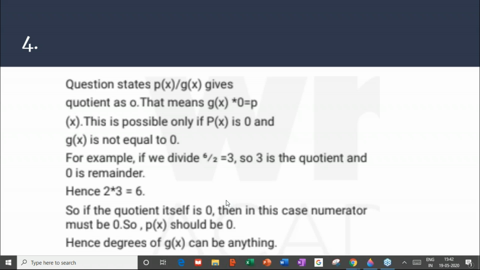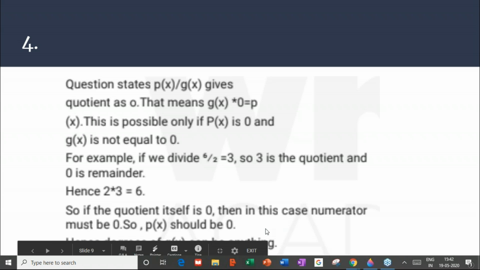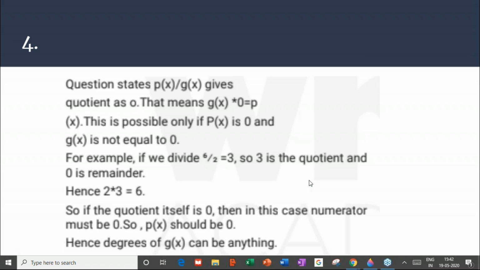Anything which has a degree higher than p of x. So basically in that case, the quotient will be 0 and the remainder will be the same as p of x. This question was once asked as an MCQ, so just keep in mind, it won't be asked directly. It was just like an MCQ that states the relation.